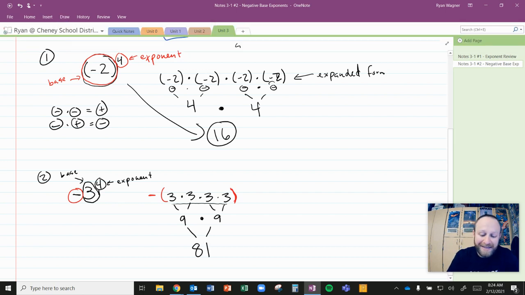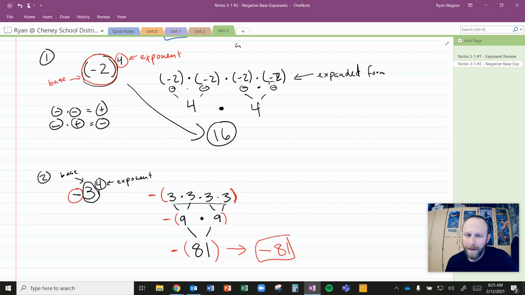But because there was a negative out front, our answer is negative 81. Kind of weird. Whenever you do not have parentheses, your answer will always be negative.